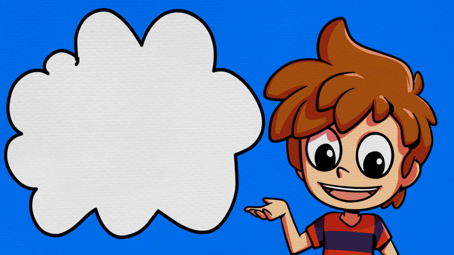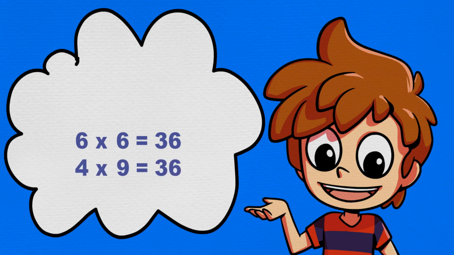Another example is 6 times 6 equals 36, and 4 times 9 also equals 36. So we can say 6 times 6 is the same as 4 times 9."